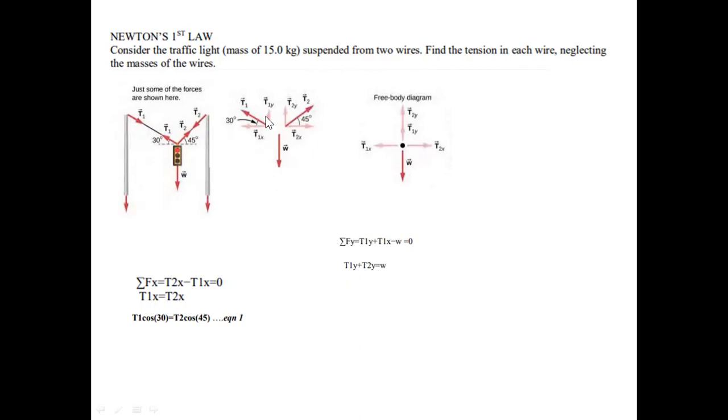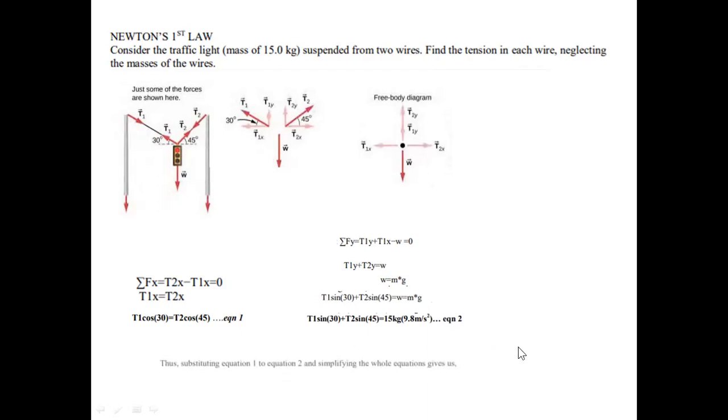Since T2y and T1y are opposite the angles, we use sine: T1y is T1 sine of 30 degrees and T2y is T2 sine of 45 degrees. Since weight is mass times gravity, T1 sine of 30 degrees plus T2 sine of 45 degrees equals W, which equals mass times gravity. This establishes our second equation.